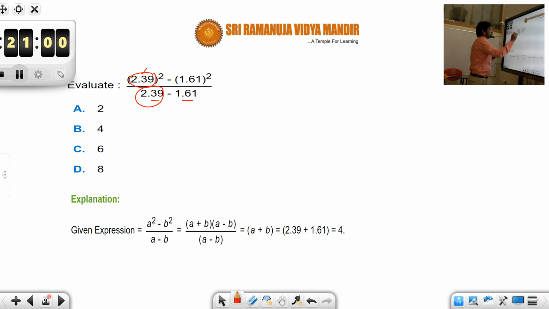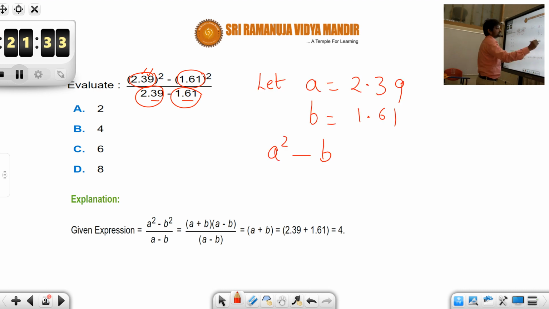The only difference is that in the numerator this number is raised to the power 2, whereas here it is directly given. If you assume one number as 2.39 and the other number as 1.61, you can rewrite this question as a square minus b square divided upon a minus b.